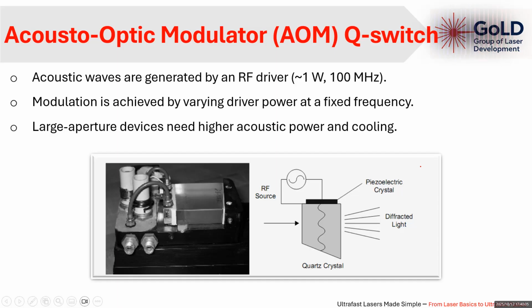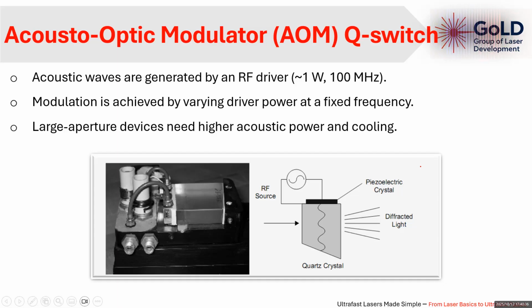So this is how it works. It generates waves in the quartz crystal, and then the quartz crystal becomes like a grating and diffracts the light in other directions, so the light does not pass straight through. The main thing, compared to the mechanical switch, is that it's very rapid. You can imagine, at 100 megahertz, it will be very rapid.